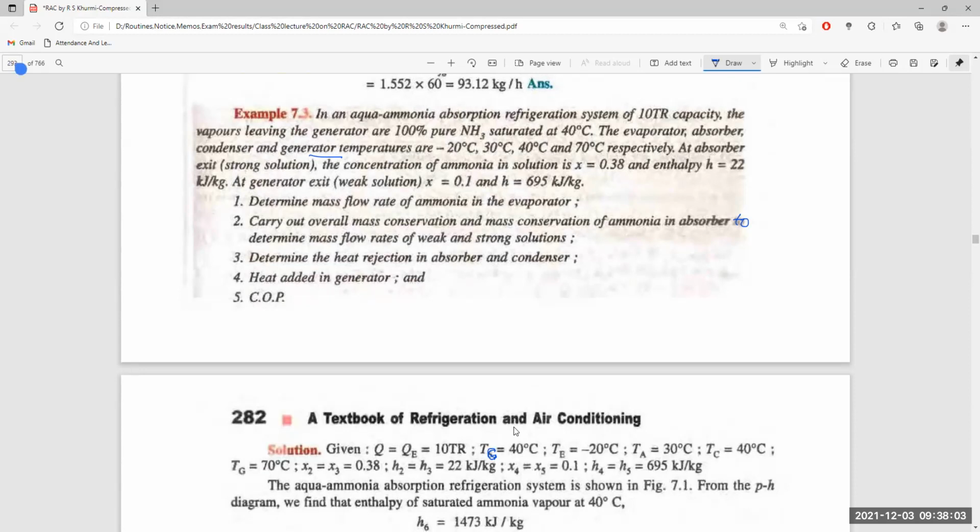Temperature of the evaporator is given as -20. Temperature of the absorber is 30. X2 and X3 are equal to 0.38. H2 and H3 are equal to 22. And X4 equals X5. Thus H4 is equal to H5, 695 kJ per kg.